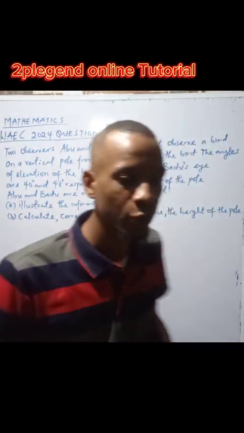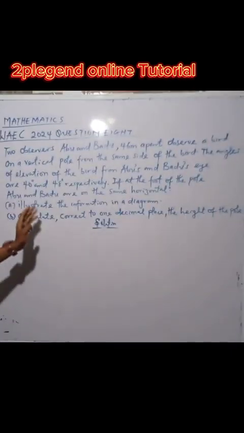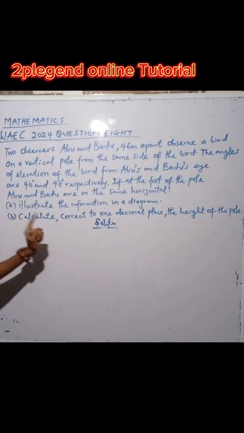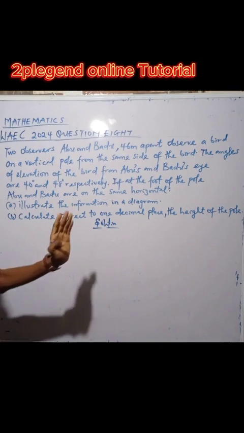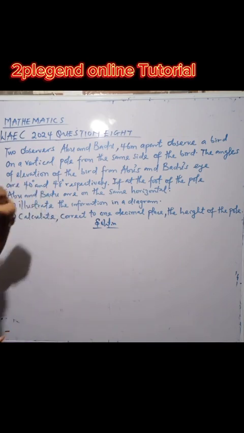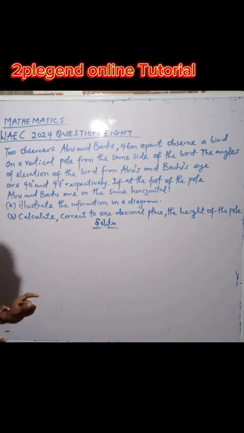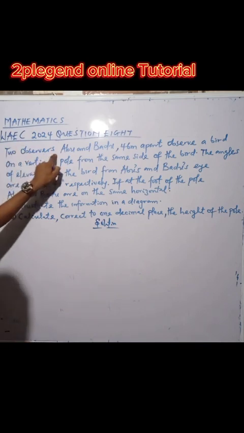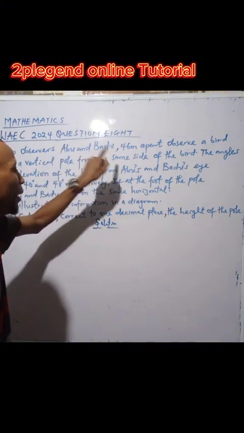Now, at this point, you are being asked to illustrate the information in a diagram. Once the diagram is wrong, then be rest assured that the solutions will be wrong.